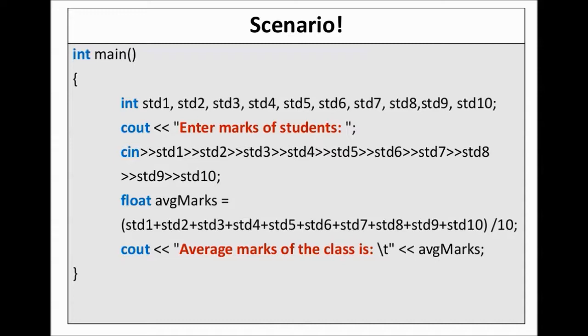Then we use cin, and for all these variables we store the marks of 10 students. Then we use the same formula to calculate the average marks. So we declare a variable average marks with a data type of float, and we sum all these marks and we divide by 10. Then we show the output.